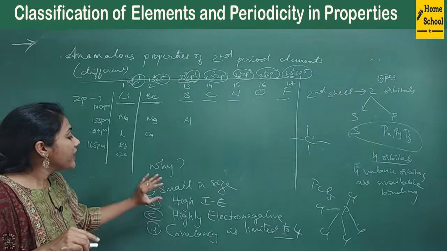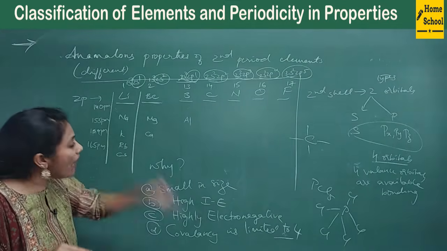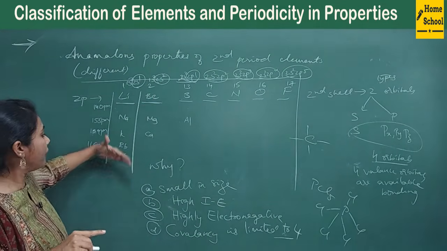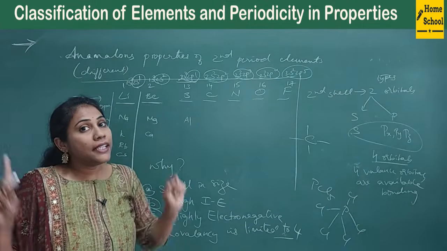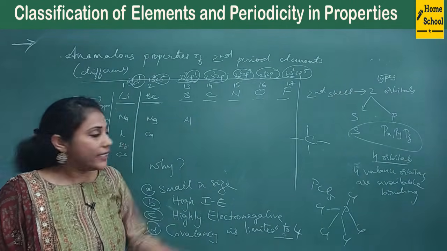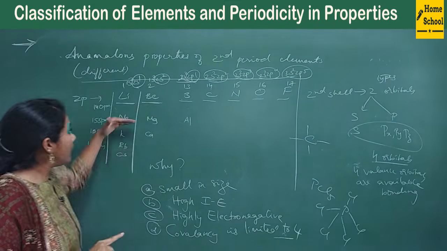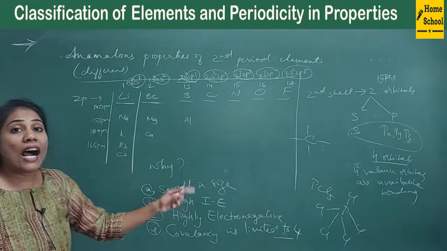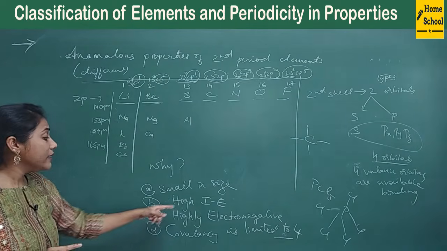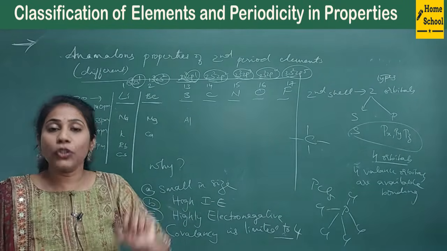So these are the 4 reasons why they are different from other elements in a group. This is really very important. What are the reasons why they are different? It's because of small size. Next one, high ionization enthalpy. Third reason is they are highly electronegative.